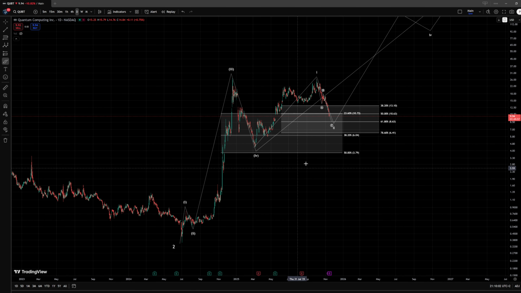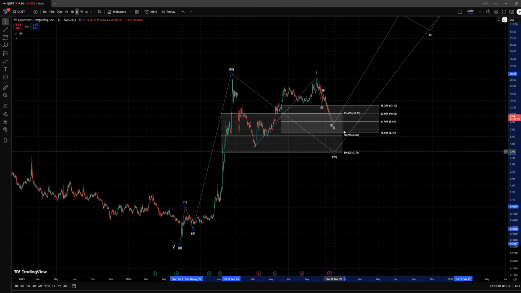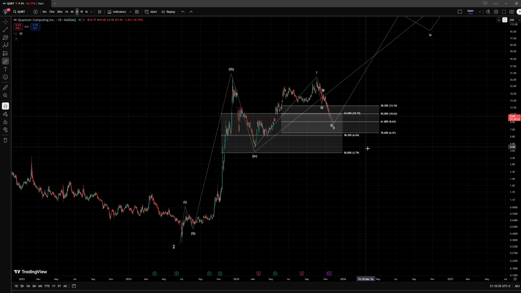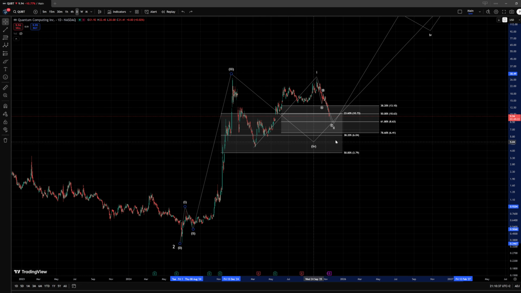Now we do still have the ability for a reset within this wave 4. We haven't necessarily maxed out the area of support, but I do have to say that if we actually end up dismissing or invalidating this 1-2 basically, we would probably need in the end to track a completely different structure. So probably the impulse will end up failing, and I'm not counting too much on a reset here within this wave 4.